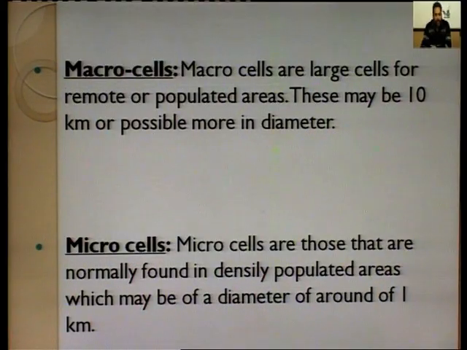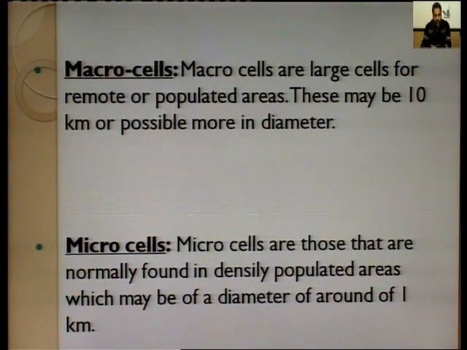Now, next is micro cells. Micro generally defines a small size. So, micro cells are those that are normally found in densely populated areas, meaning areas where the density of the population is more, generally urban areas, city areas, metro areas.